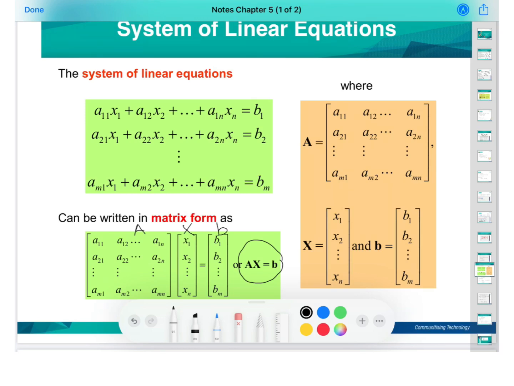How can you write this in matrix form? You may recall matrix multiplication.